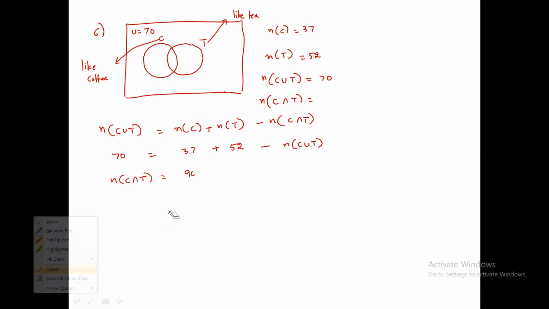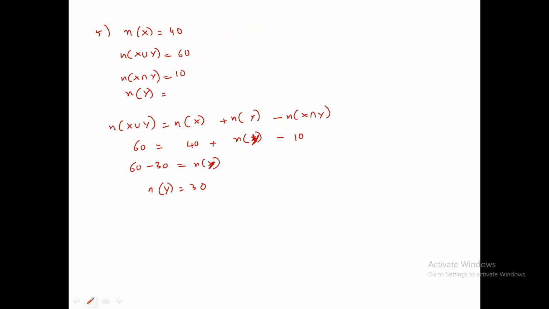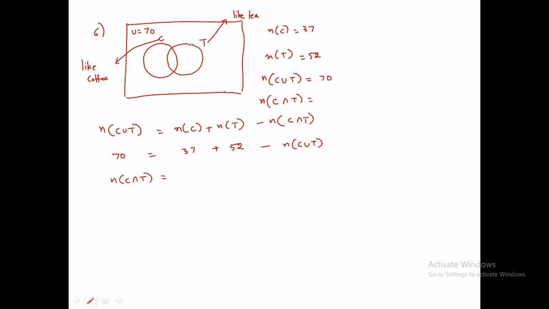No, not 90. When you add 37 and 52, what do we get? 89, minus 70. That is 19 people like coffee as well as tea.